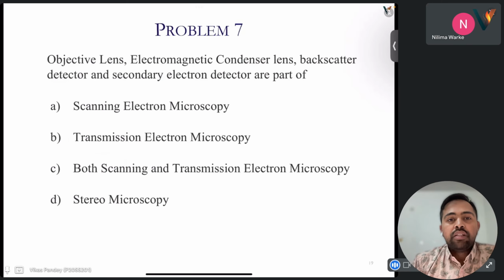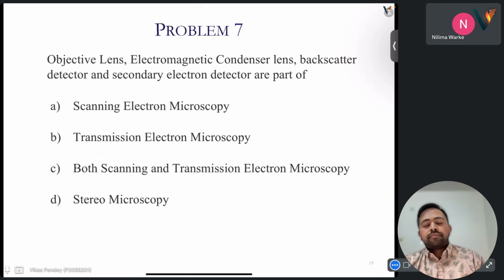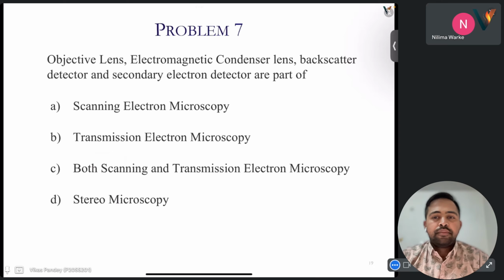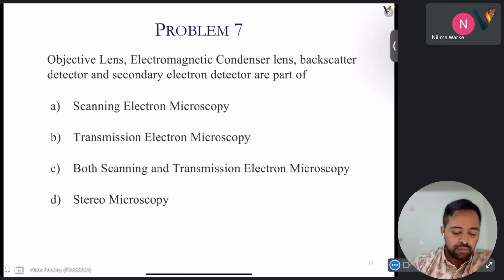Okay. Objective lens, electromagnetic condenser lens, backscatter detection, and secondary electron detector are part of which of this microscope? Scanning electron microscope, transmission electron microscope, both, or stereo microscope? Objective lens is there, electromagnetic condenser is there, backscatter detector, and secondary electron detector.